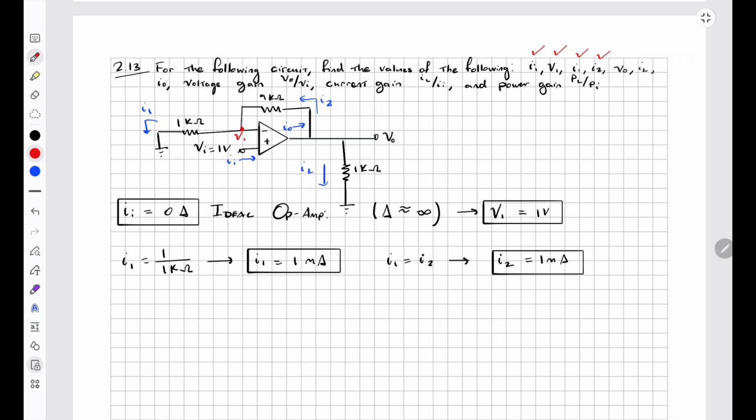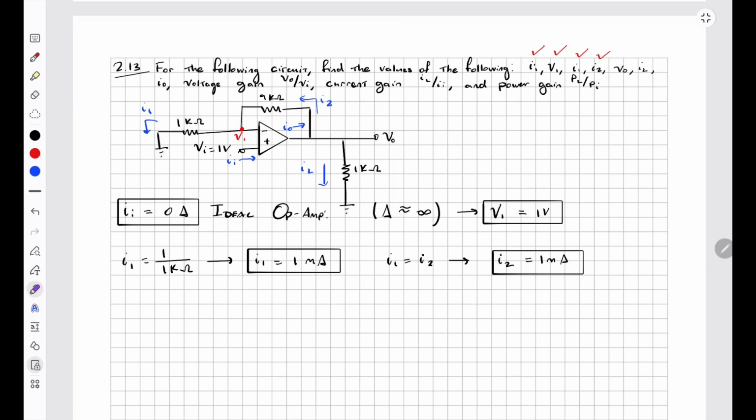So V out is next. For V out, we can observe that there is a current path, KCL, going from this voltage of V out through the resistances and then to this ground here.